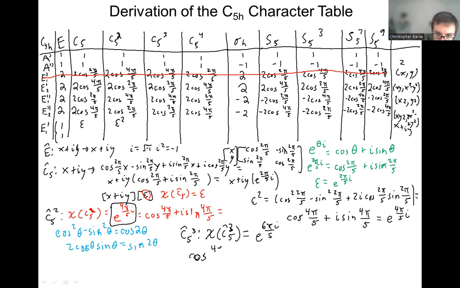Cosine 4 pi over 5 equals cosine 6 pi over 5.